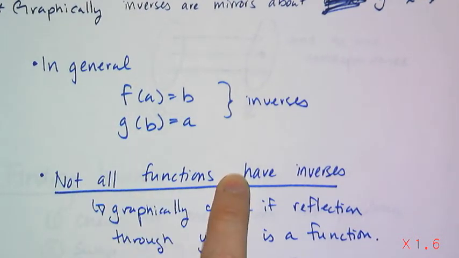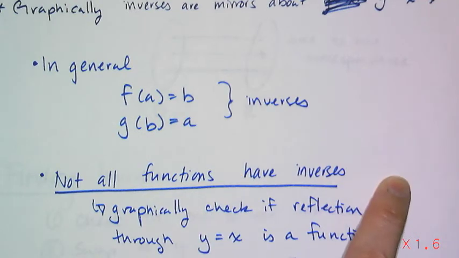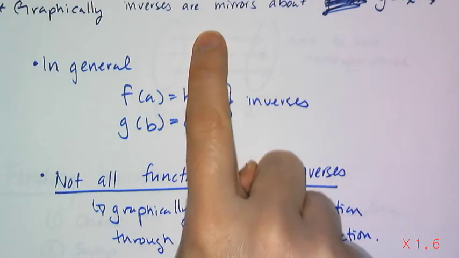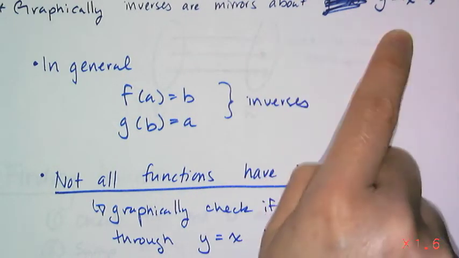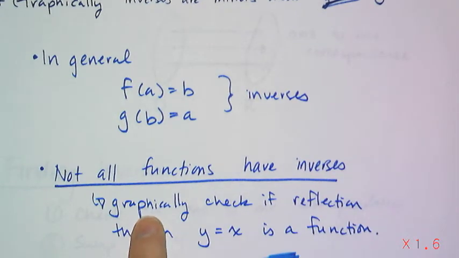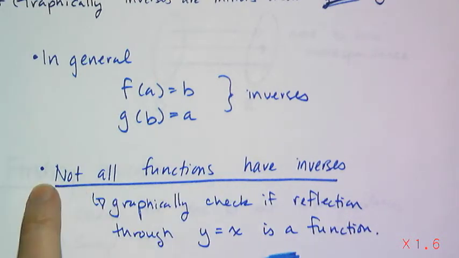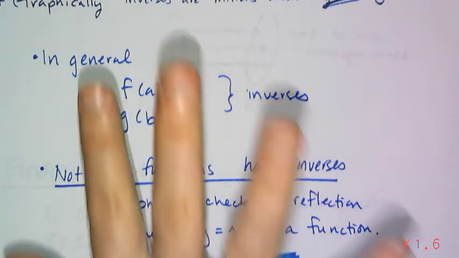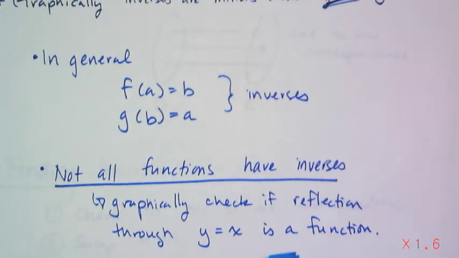Not all functions have inverses, okay? Because remember, graphically, they are mirrors about y equals x, right? So graphically, I have to check if the reflection through y equals x is a function. So a function does not have an inverse function unless graphically the reflection through y equals x is also a function.